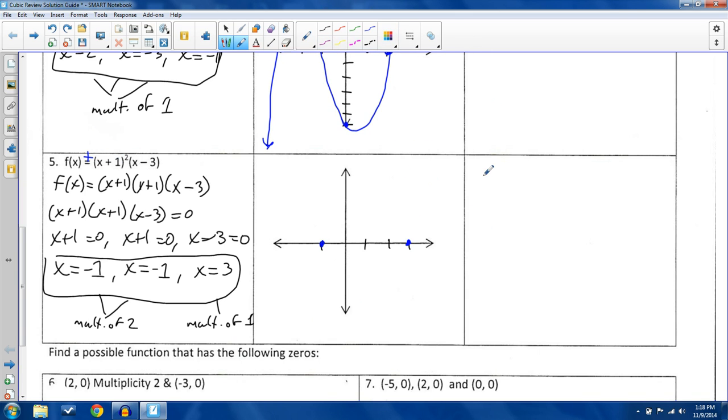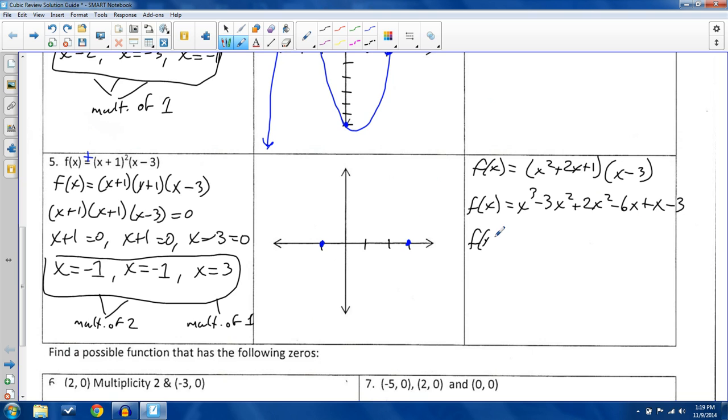So I'm going to distribute. I'll actually just work from here. This gives me x squared plus 2x plus 1. And this gives me x minus 3. Okay, so x cubed minus 3x squared plus 2x squared minus 6x plus x minus 3.